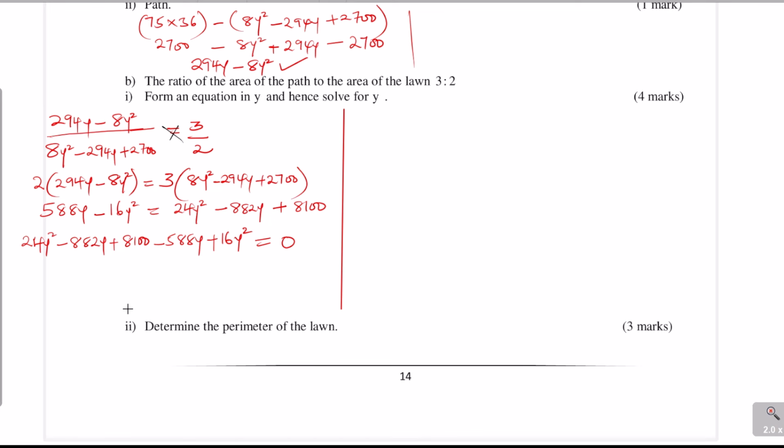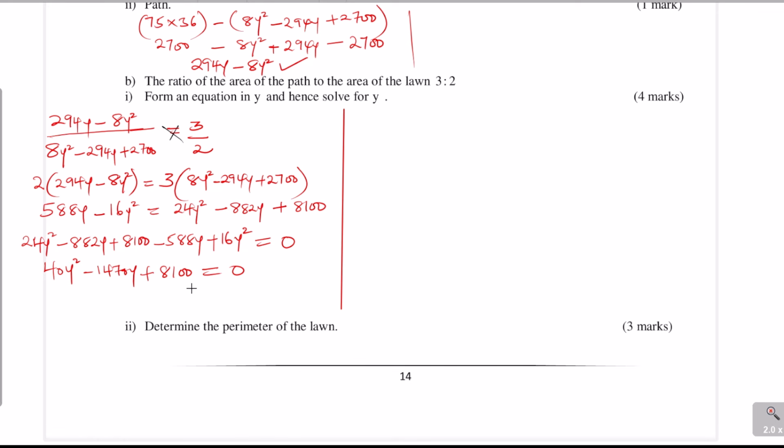Like terms together, 24y squared plus 16y squared, that will give 40y squared. Then negative 882y, subtract 588y, that will give negative 1470y, and then we have 8100.